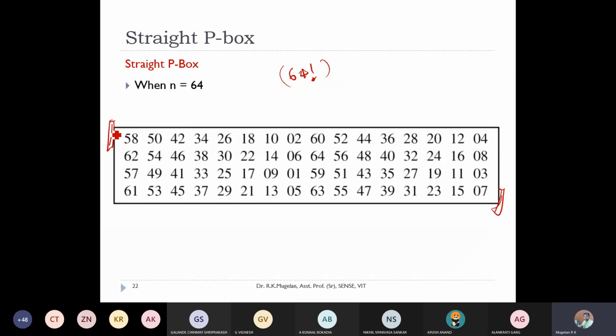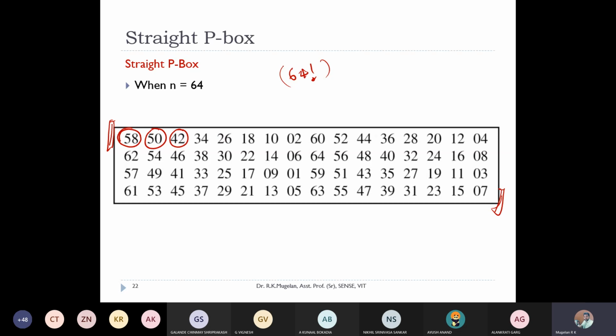Here, the input pin 58 is taken as output in pin number 1, the input pin 50 is taken as output in pin number 2, the input from 42 is taken as output in pin number 3, and it goes on.